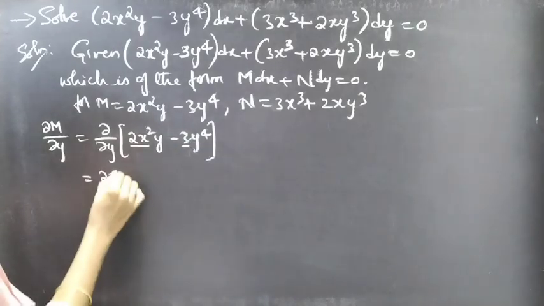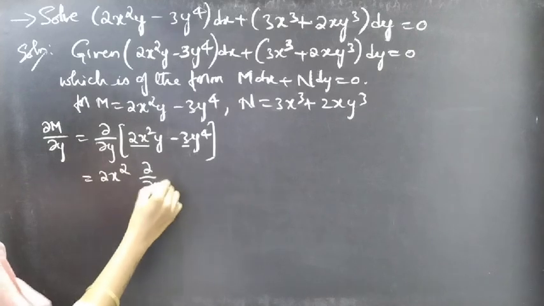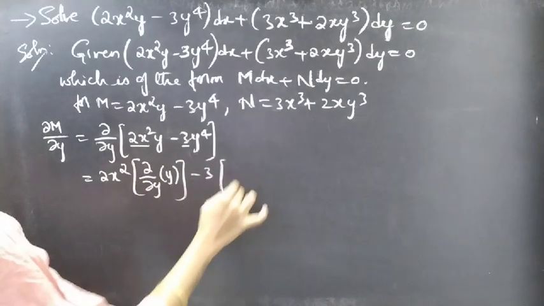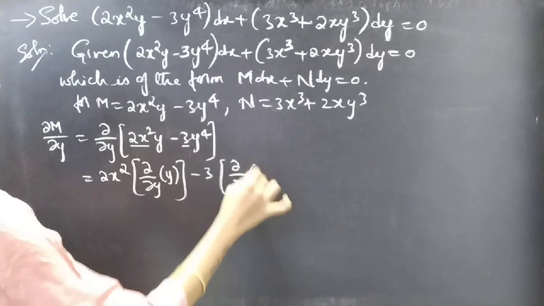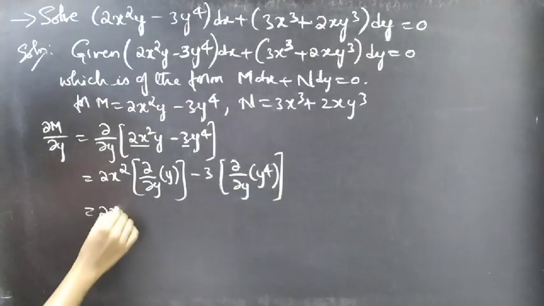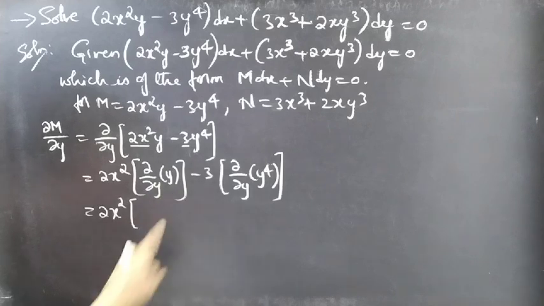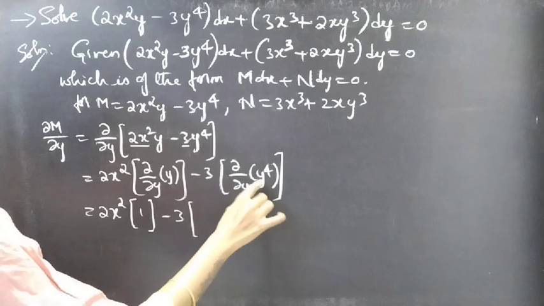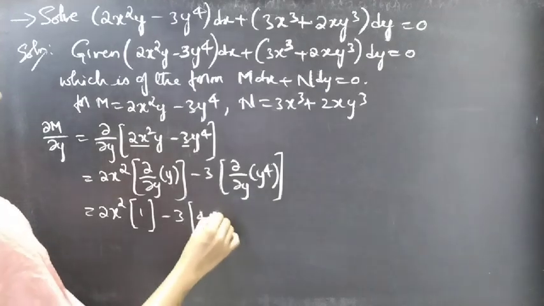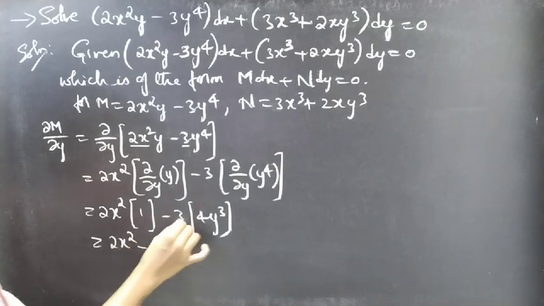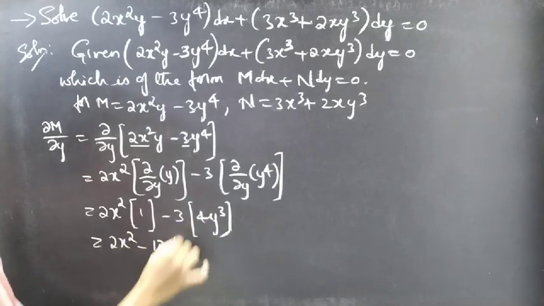So we can write it as 2x square into the partial derivative of y with respect to y, minus 3 into the partial derivative of y power 4 with respect to y. The partial derivative of y with respect to y is 1, minus 3 into the partial derivative of y power 4 with respect to y, which is 4y cube, which gives us 2x square minus 3 fours are 12 y cube.